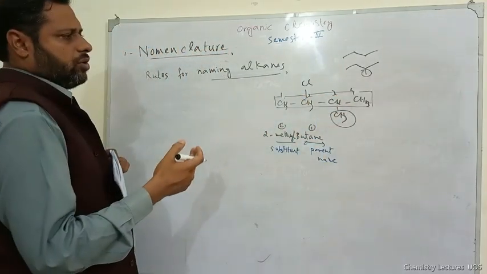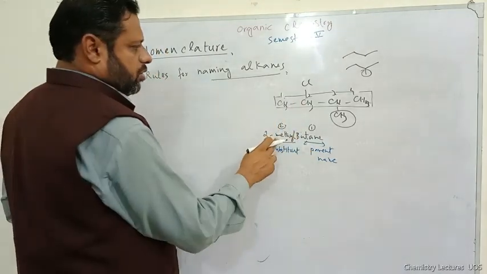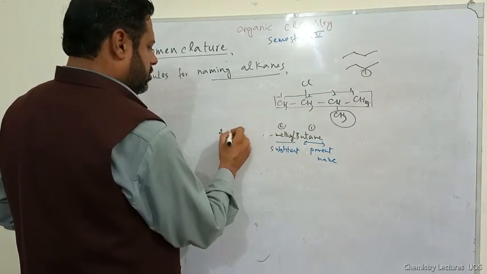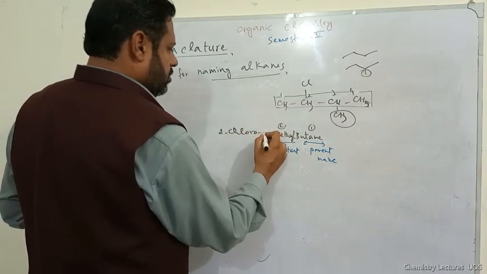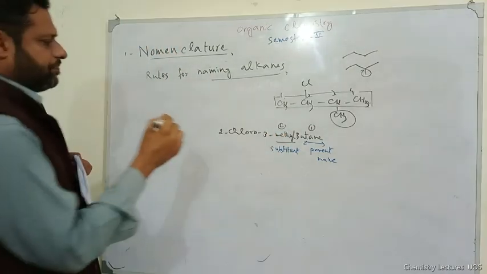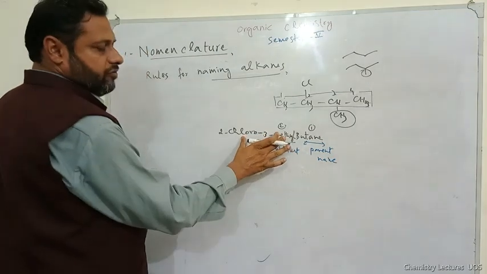So it will be 2-chloro 3-methyl butane. You have to write the names alphabetically because chloro is first alphabetically. So you have to write here 2-chloro 3-methyl butane.